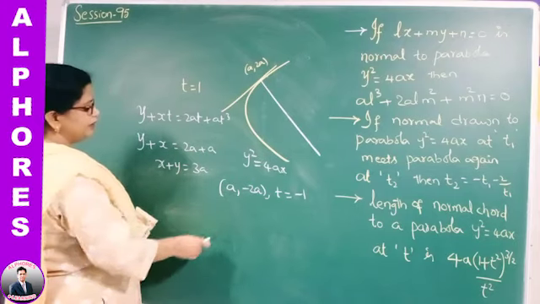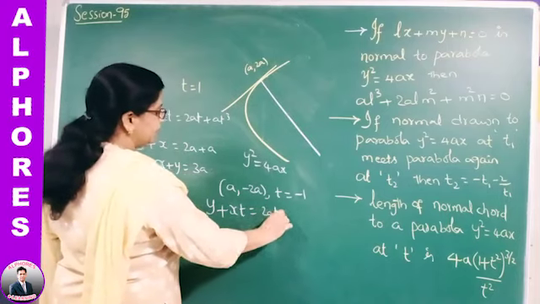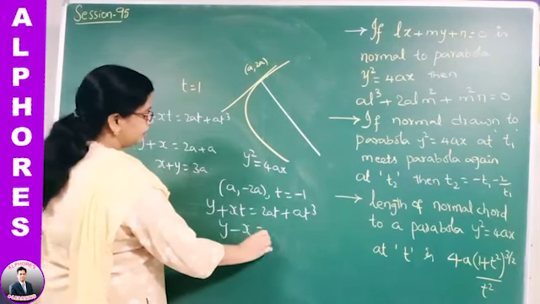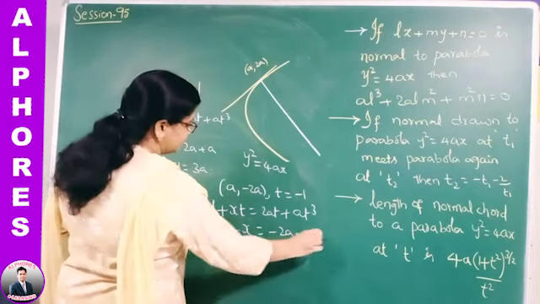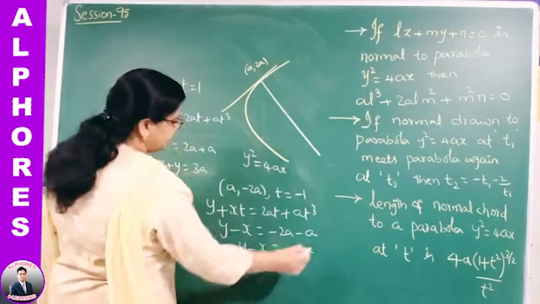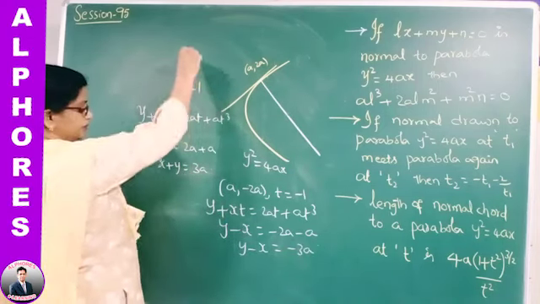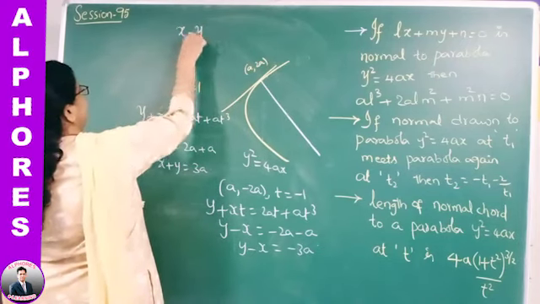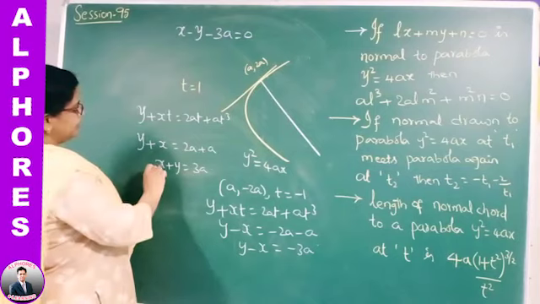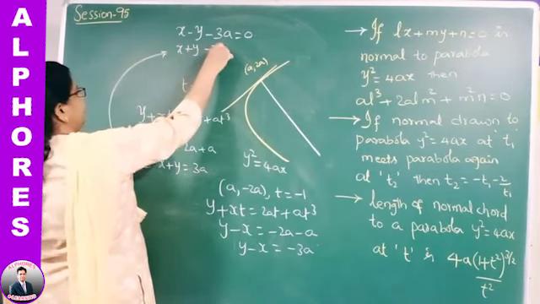Here y plus xt equal to 2at plus at cube, if I write, then what is the value? y minus x is equal to minus 2a minus a, implies I can say y minus x is minus 3a. Therefore the normal drawn at the other end of latus rectum is x minus y minus 3a equal to 0, and this is the other normal you got. The first one is x plus y minus 3a equal to 0.